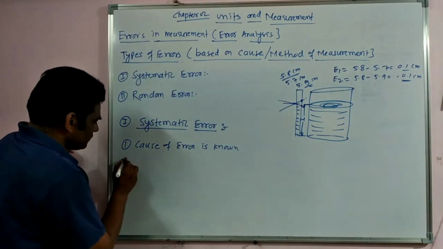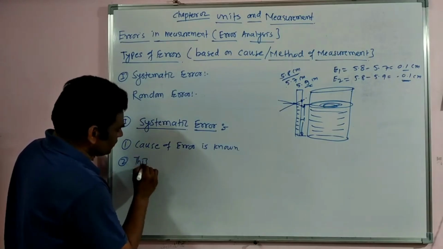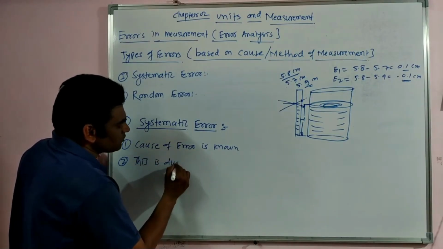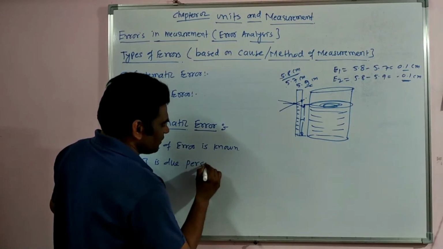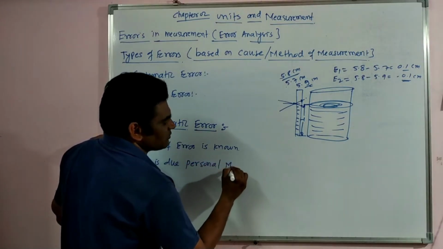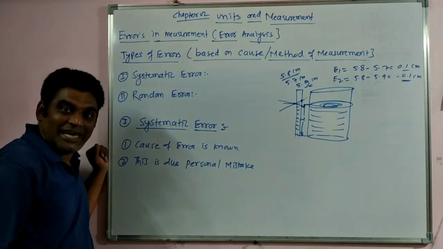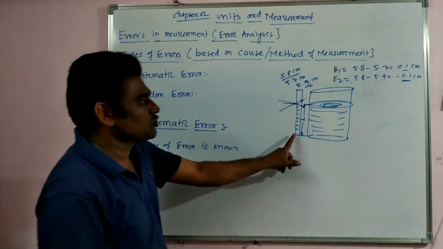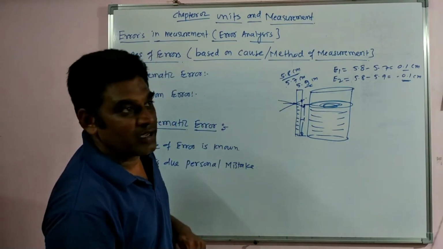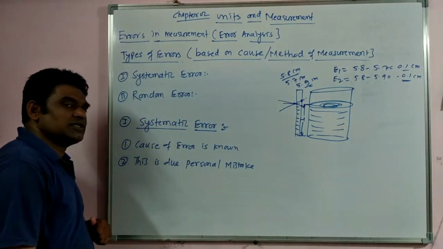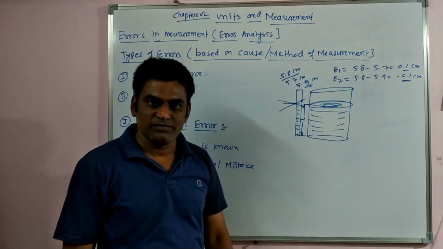This is due to personal mistake. The person is making the mistake. There is no mistake in the scale, no mistake in the instrument, but the person is taking the reading in the wrong way. So this is due to personal mistake, and we can call this a systematic personal error.